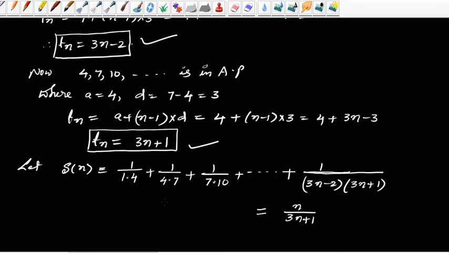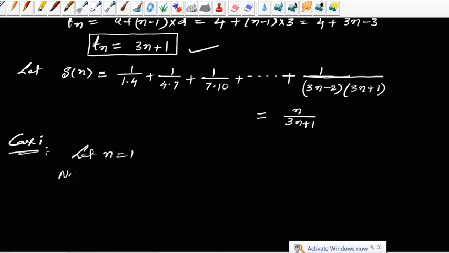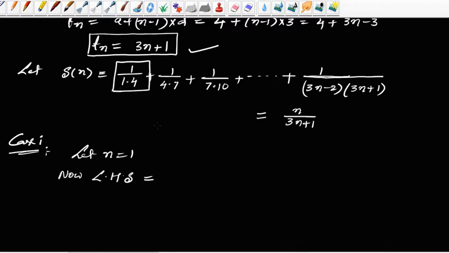Now we are going to apply mathematical induction to this. For doing the mathematical induction, first, case 1: let n is equal to 1. Now we have to consider the LHS. If n is equal to 1, we consider only the first term, which is 1 by 1 into 4, that is 1 by 4.